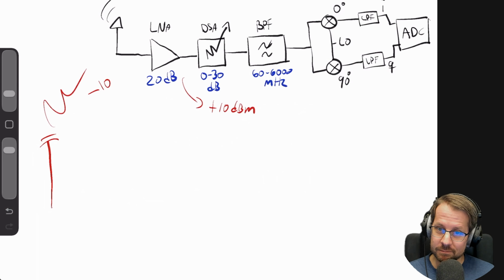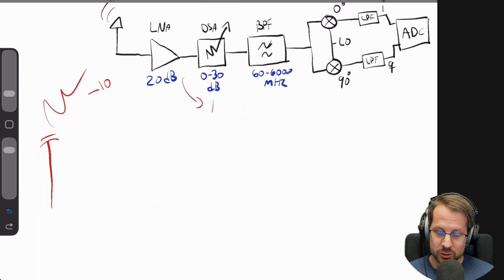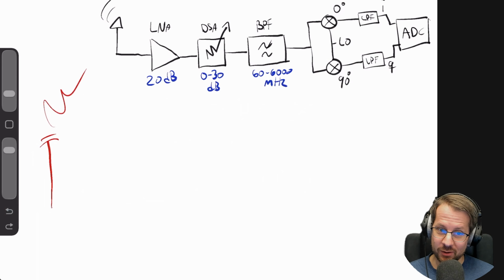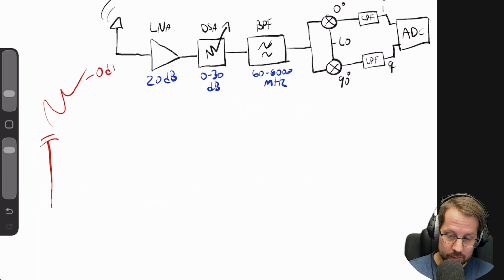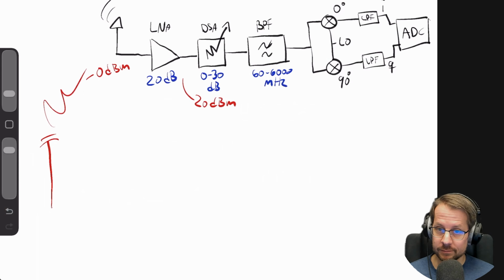Is there a limit? Yes, of course. There is a limit to how much power you can input to your amplifier. So let's now imagine 0 dBm at input. The output will be 20 dBm. What will happen?